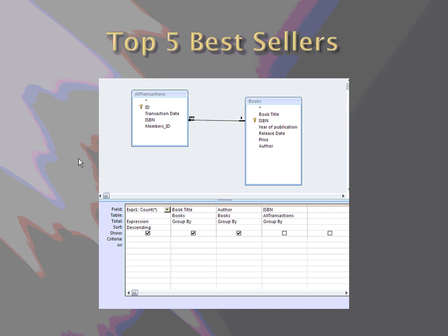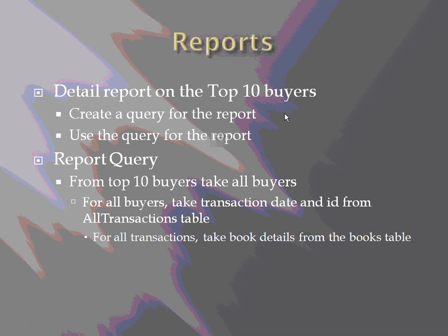Now what we have to do, we can create some report. For all of the top 10 buyers, we will be showing all the book information, including some member information. So how to use that? To create this report, first we will create a query so that it gets all the data for the top 10 buyers.